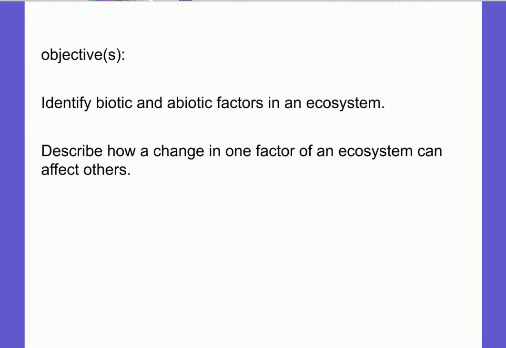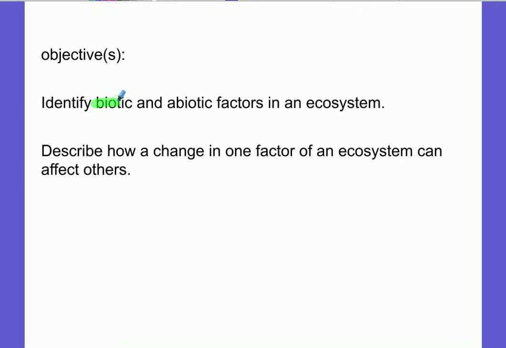Your objectives are to identify biotic and abiotic factors in an ecosystem. Based off of prior knowledge, I would assume you know what bio means. If you remember that biology is the study of living things, biotic factors are probably living factors.